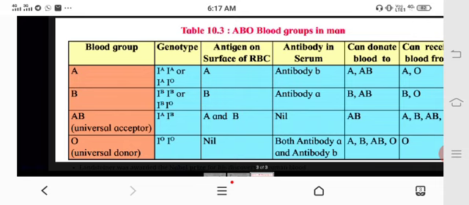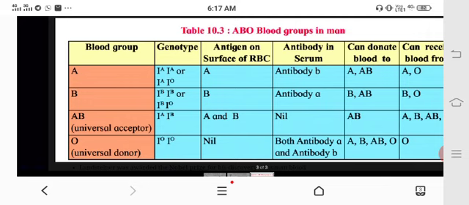Now the other blood group is B. The person with this blood group has antigen B on the surface of RBCs and antibody A. Here note down.